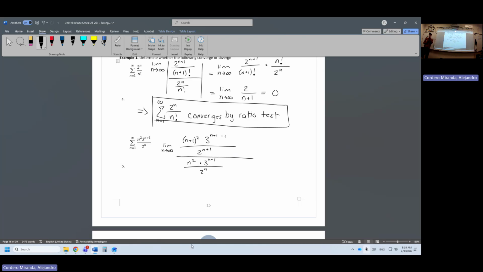Check that you set up the ratio like this, or even better, if you said n plus 1 plus 1 more is just n plus 2. Let me set that up so I don't have to waste a whole step on that. n plus 2 like that.